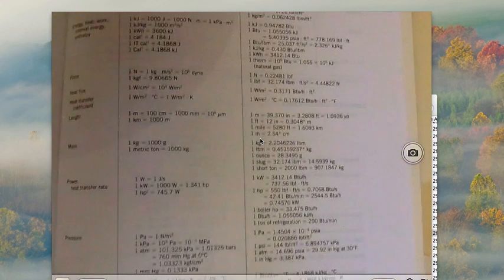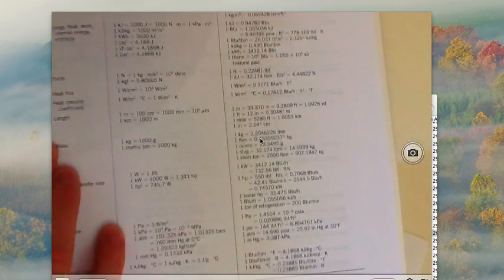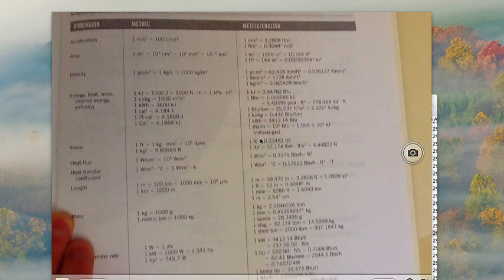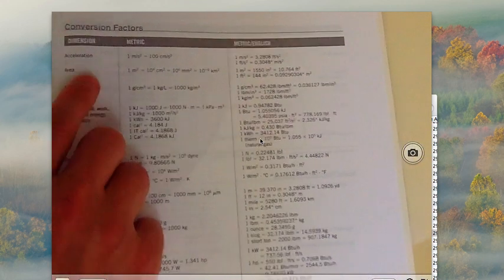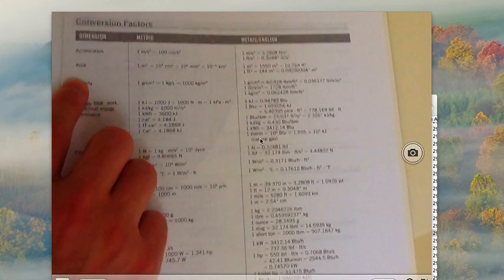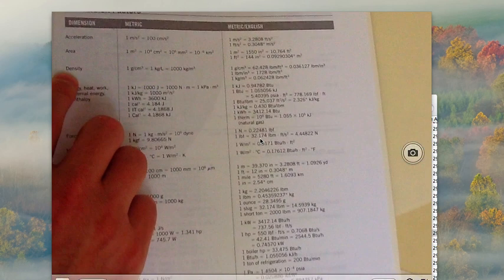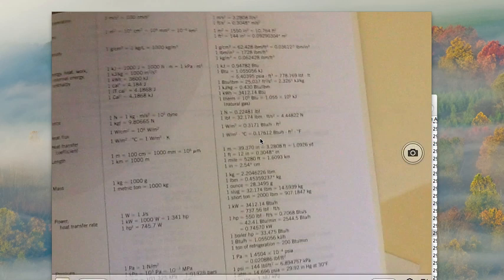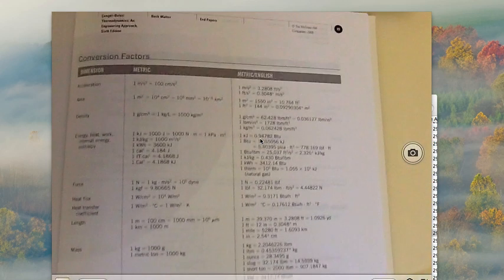What you will see, if you look very closely, is that your book has a whole bunch of conversion factors listed for all different kinds of things. You've got, for example, acceleration, and area, and density, and energy. So let's focus in on energy. You'll notice at the very top that there are two additional columns listed.